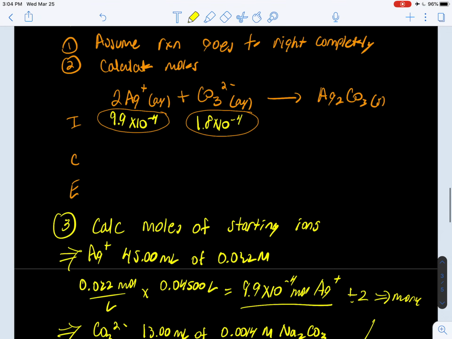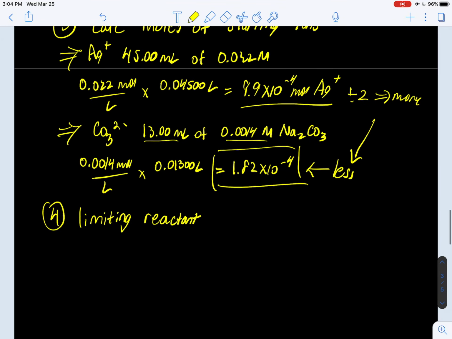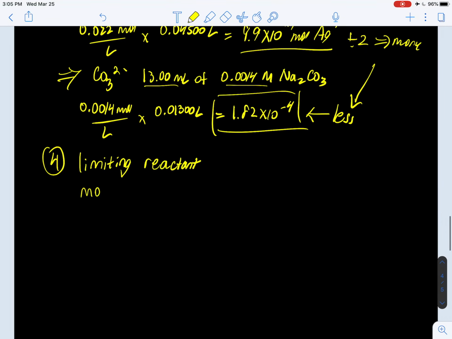All right. Now, step 4 is to figure out the limiting reactant. You do that by taking the moles that you calculated and you divide by its coefficient. Okay? And the lower the number is the limiting reactant.